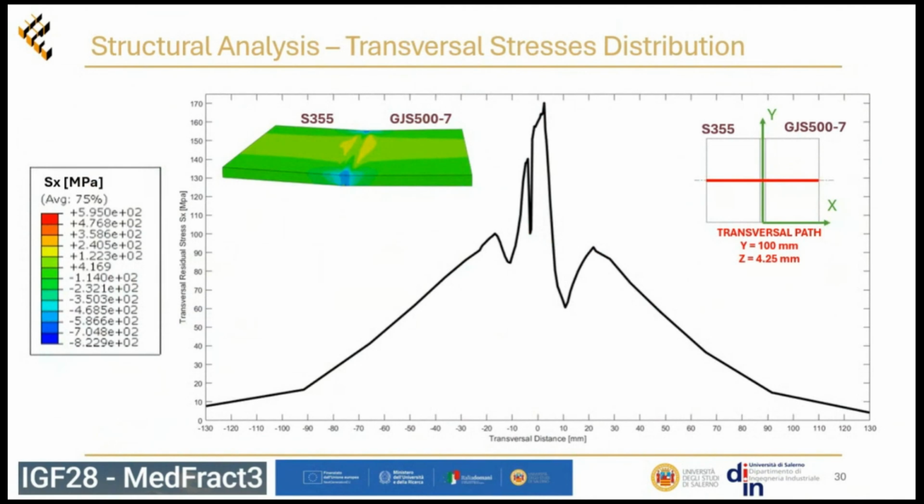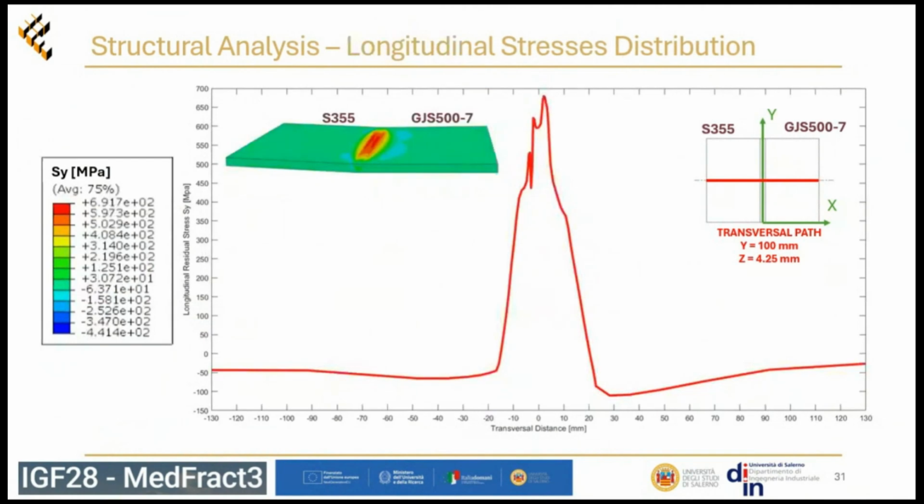This is the stress distribution for a transversal path in the middle of the welding bead, and this is the longitudinal stress distribution for the same path. As we can see, we have a jump when we come from the steel to the filler material.